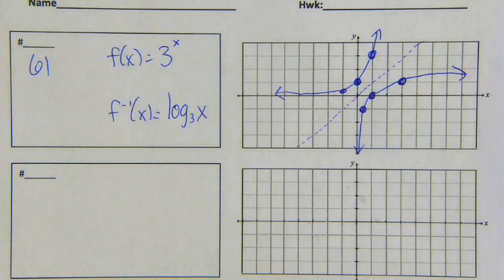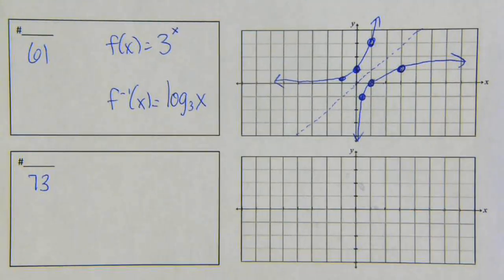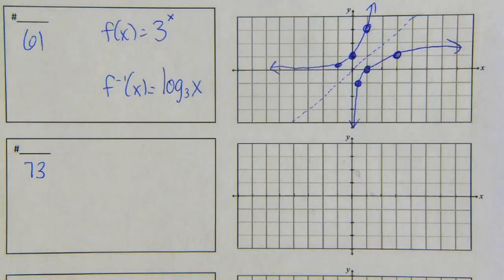The next thing we're going to do is move forward to number 73. And this will be our last graph. And you will do 76, 80, 84, and 88 like this. But there are multiple steps on these, so we'll also need our notebook paper.